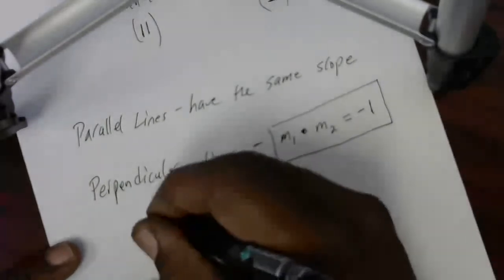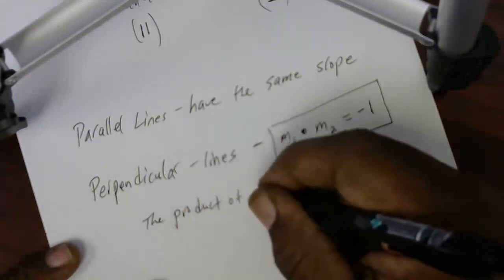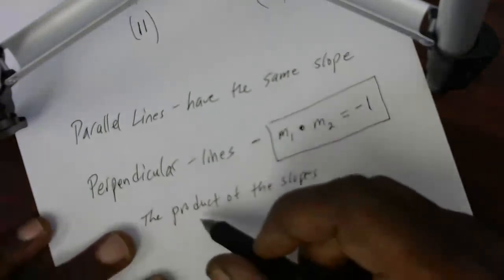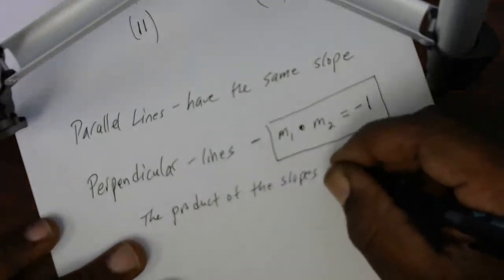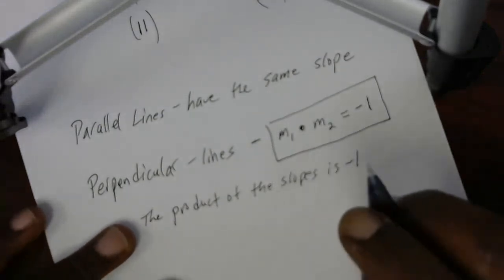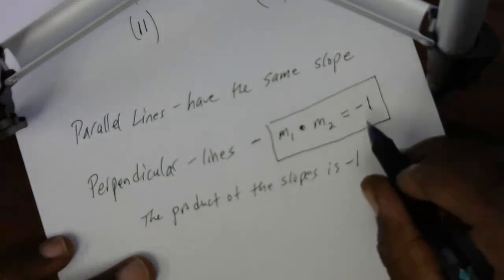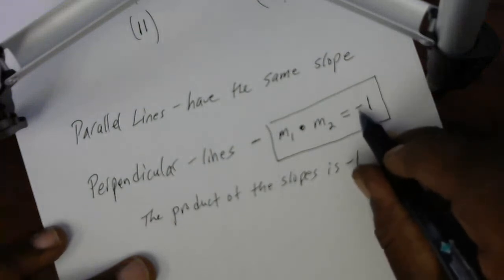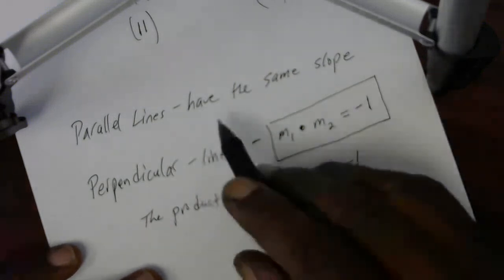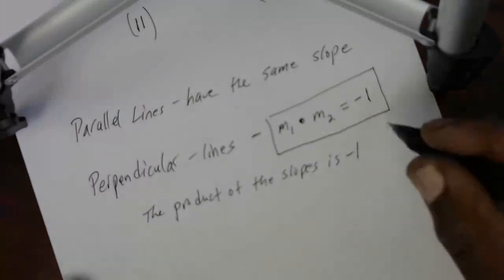For perpendicular lines, the product of the slopes, and product means to multiply, the product of the slopes is -1. So that means when you multiply the slope of one line by the slope of another line, if that product gives you a -1, then those two lines are perpendicular. They form that special 90-degree intersection.